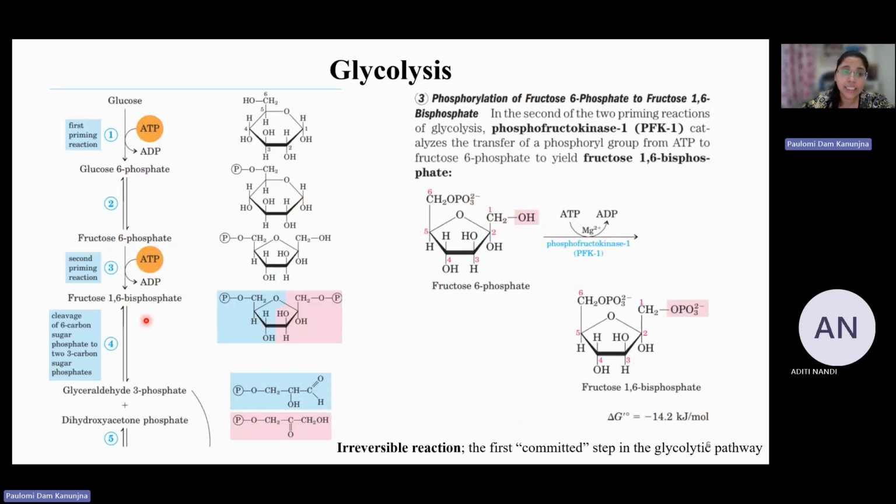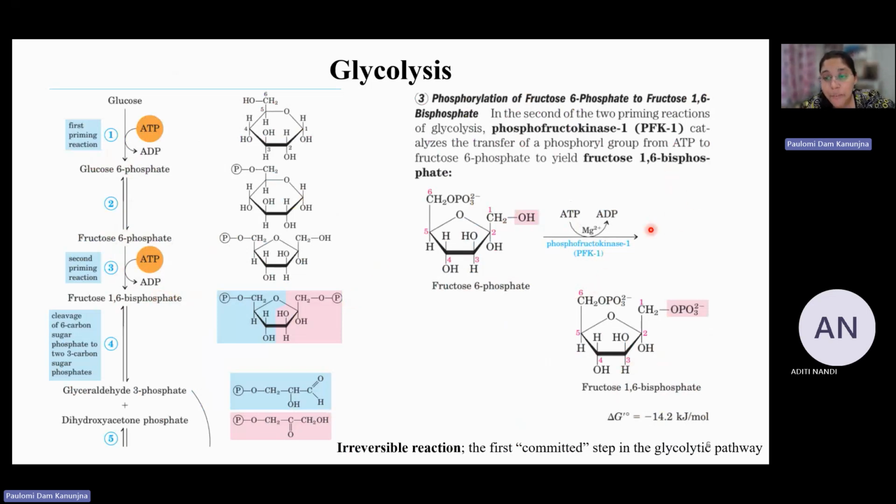By mistake, I said in the previous slide that there is an ATP used in the second step. That's not the case. That's an isomerization. In the third step, you have ATP being used for priming the fructose 6-phosphate. So wherever you have ATP being added to the substrate, it is called a priming reaction. So you have an ATP here that is being added to the fructose 6-phosphate. That leads to the formation of fructose 1,6-bisphosphate.